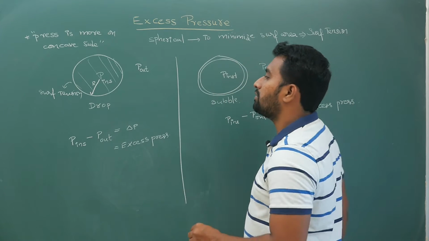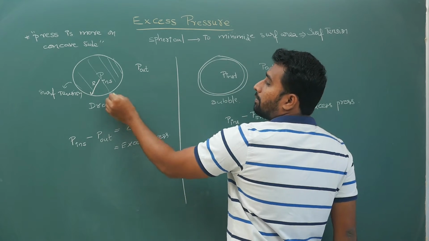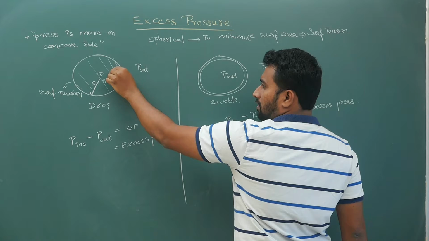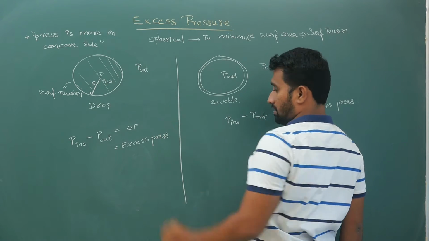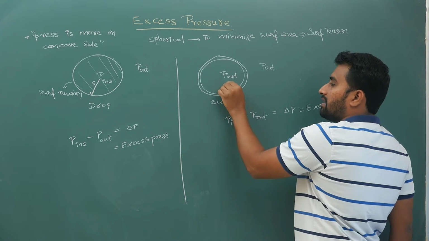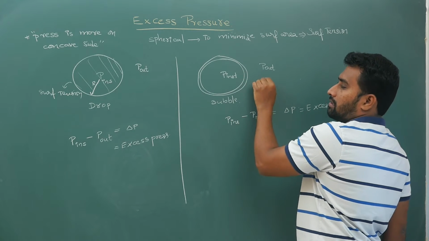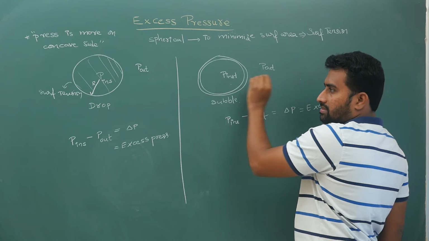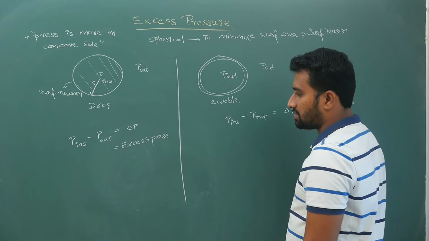If you take a drop, inside you have water or some liquid, and outside air. Here, it is a 2-layer interface. In a bubble, you have air, liquid, air, a 3-layer interface.